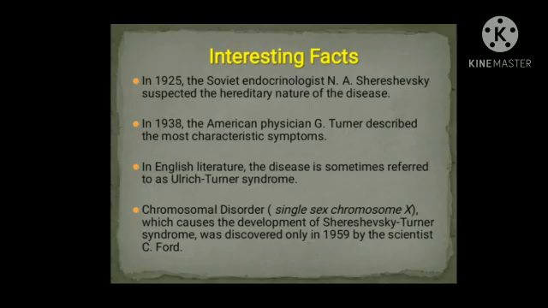In English literature, the disease is sometimes referred to as Aldrich-Turner syndrome, referring to another researcher. The chromosomal disorder, a single sex chromosome X, which causes the development of Shereshevsky-Turner syndrome, was discovered only in 1959 by the scientist Ford.